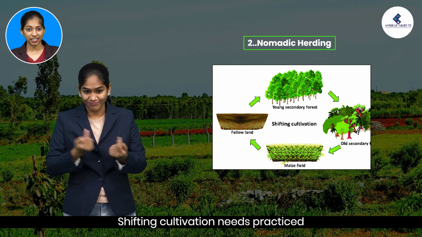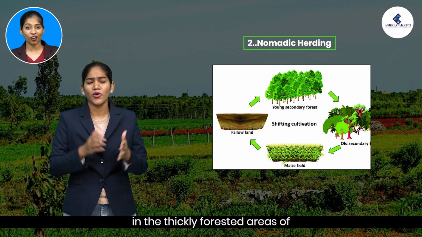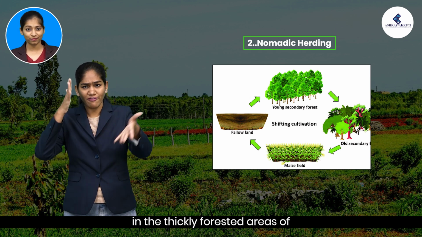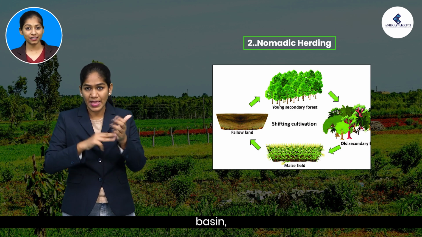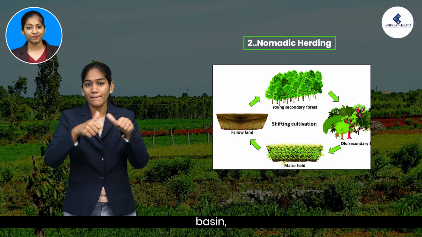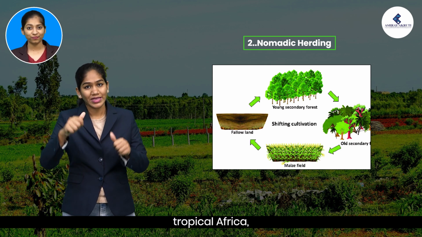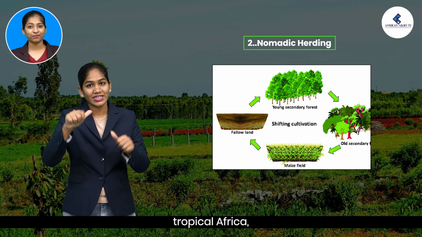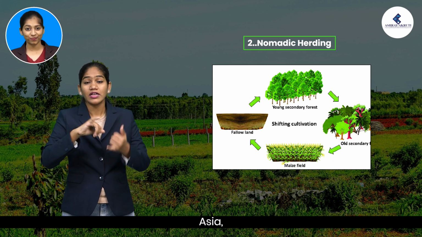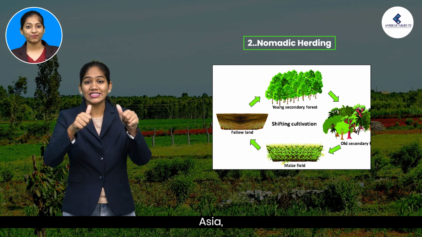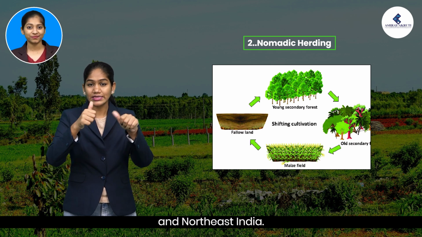Shifting cultivation is practiced in the thickly forested areas of Amazon basin, tropical Africa, parts of Southeast Asia, and Northeast India.